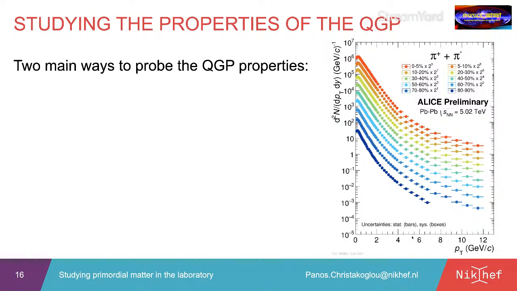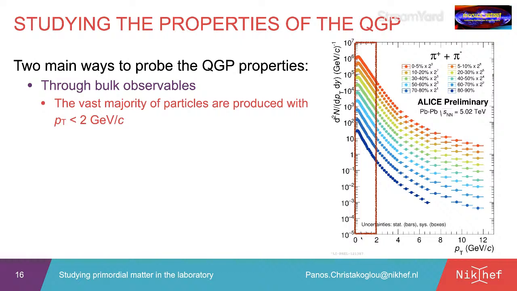The first one being the low transverse momentum region. You also see from the scale of the y-axis that in the low transverse momentum region, the vast majority of particles are being produced, not only in lead-lead collisions, so also in PP collisions, but in all kinds of collisions. So it's energetically favorable to produce low momentum particles.